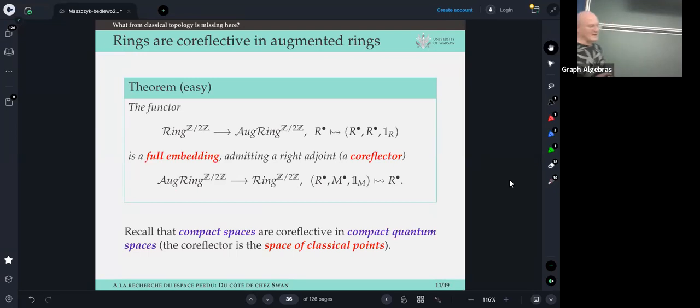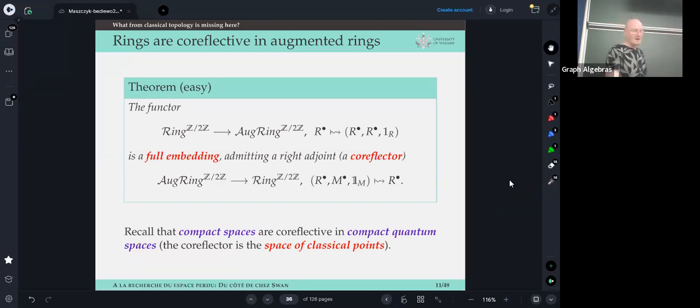Okay, and then one could ask, what's the relation between these augmented rings and rings? So first of all, we have a functor from rings to augmented rings, repeating this ring, so taking this ring itself as a module over itself, and distinguishing the unit of this ring as the distinguished element of this module.